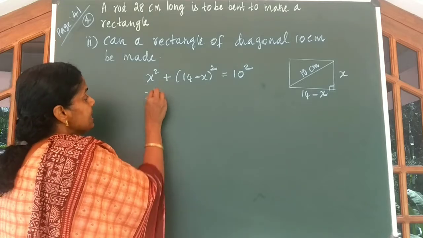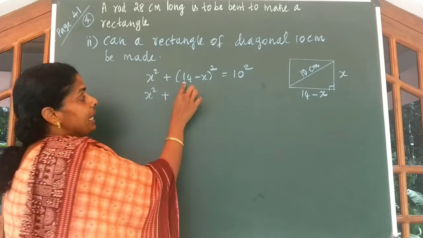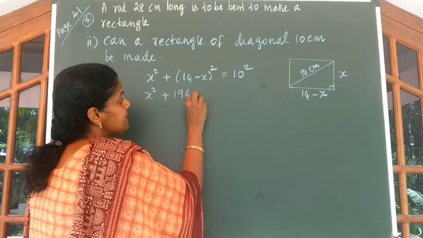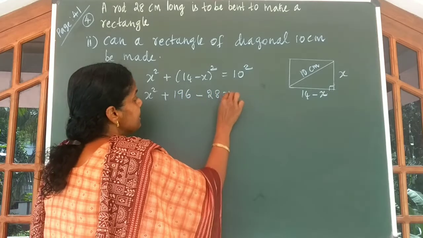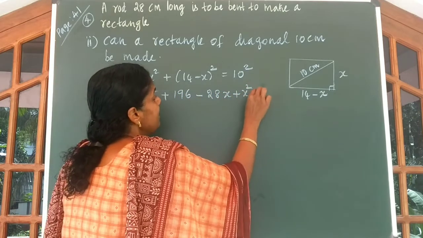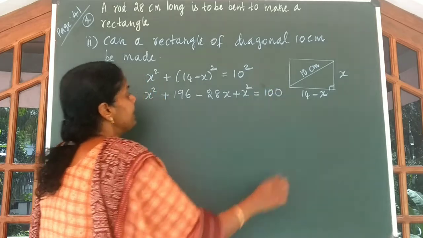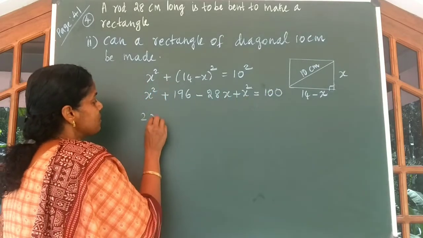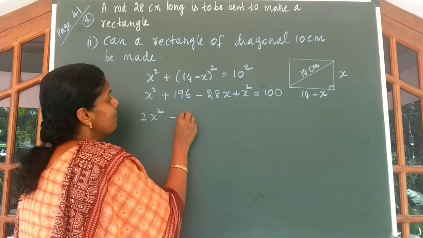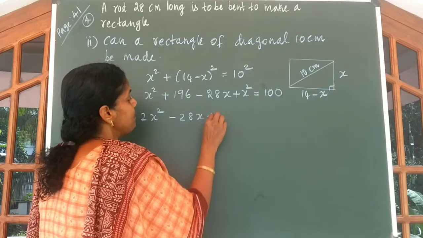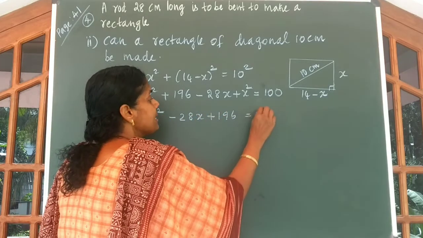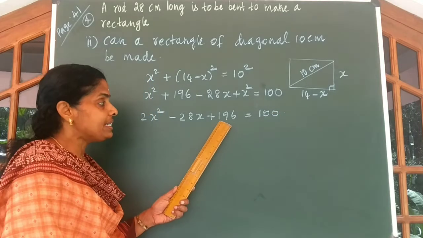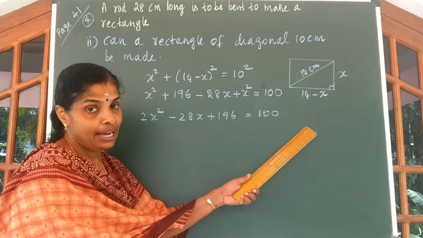Now we get x square plus (a minus b) the whole square, which gives you 196 minus 28x plus x square is equal to 100. Next step, x square added to x square gives you 2x square minus 28x plus 196 is equal to 100. As we did before, let us take 196 to the other side.